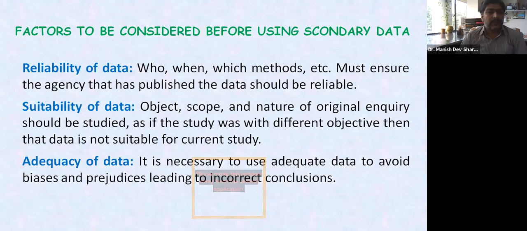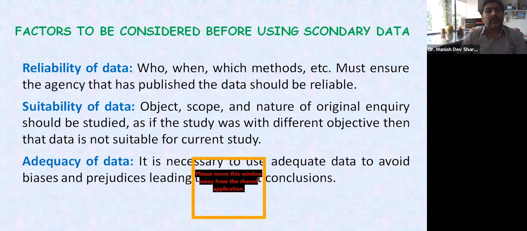Similarly, there is the suitability of data concept, which means the object, scope, and nature of the original inquiry should be studied. If the study had a different objective, then the data is not suitable for the current study. You are finding a solution to a problem, but that data collection was done with other things in mind. Like we are trying to have an economical method of developing some medicine for a particular problem, and the data was collected with a particular set where the cost was not important at all.